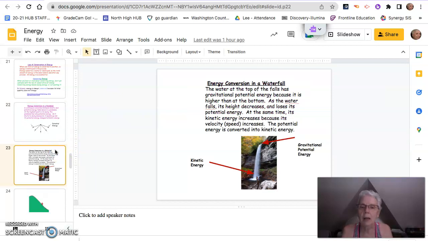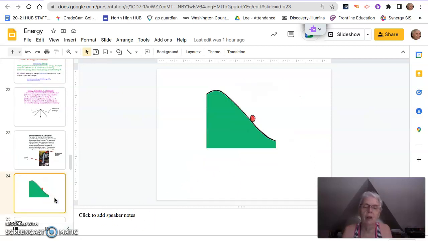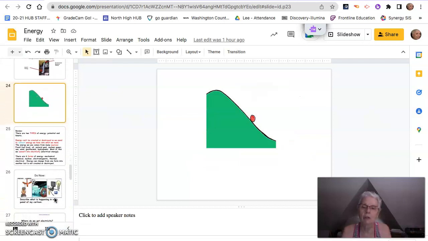Waterfalls are the same way. Waterfalls use gravitational potential energy. So as it goes from here to here, then it becomes kinetic energy or moving energy. Look at this picture. Potential energy would have been here, kinetic energy is here.